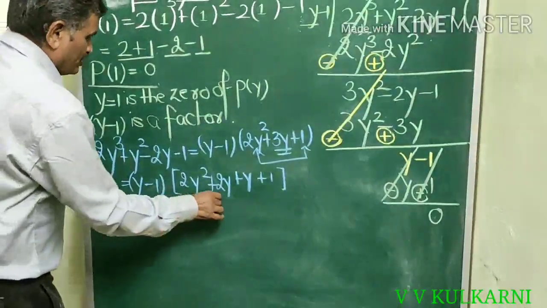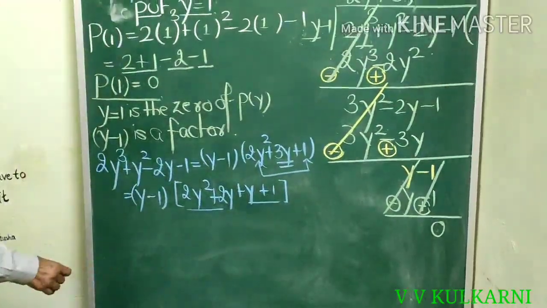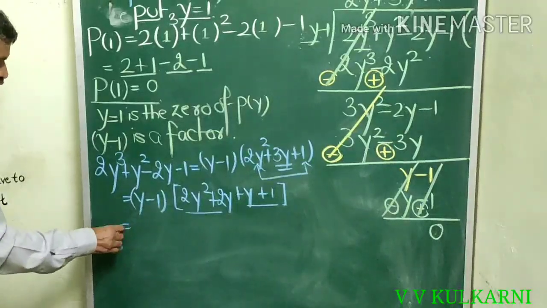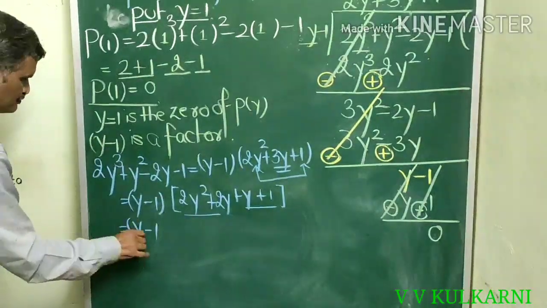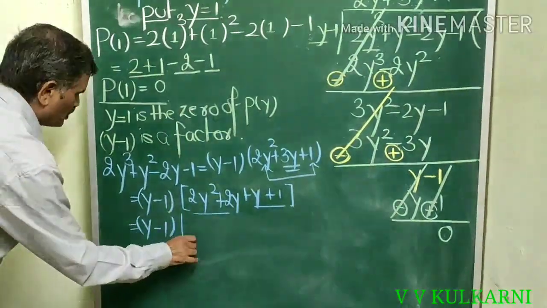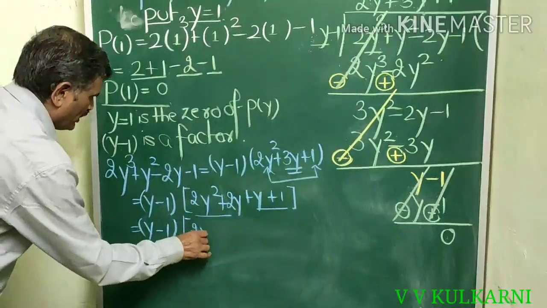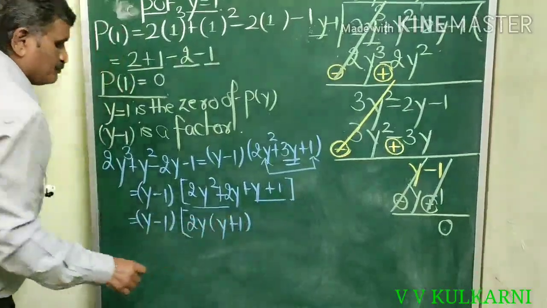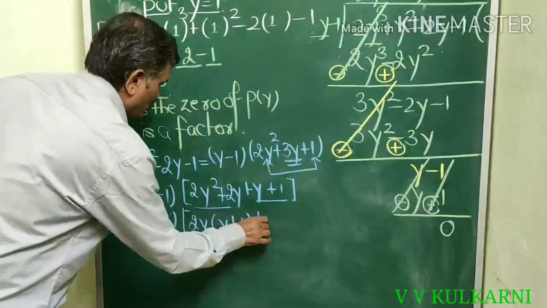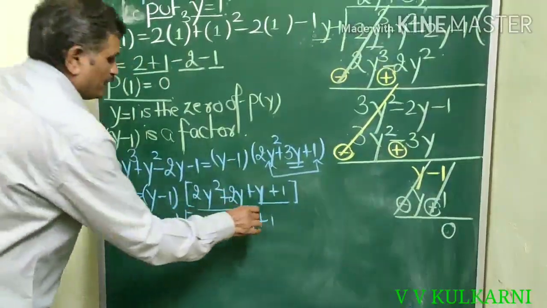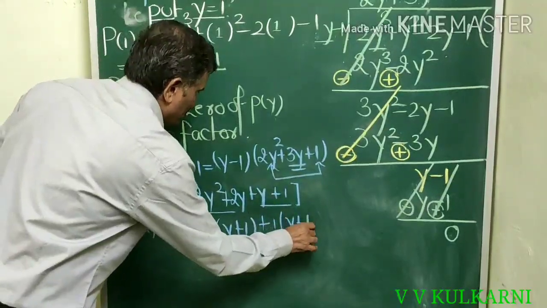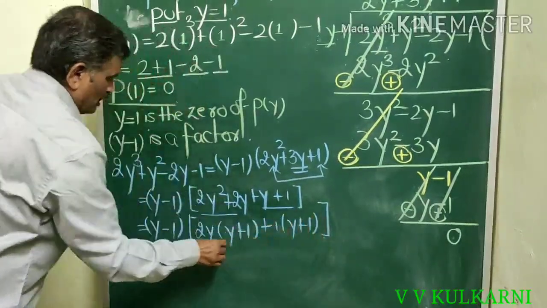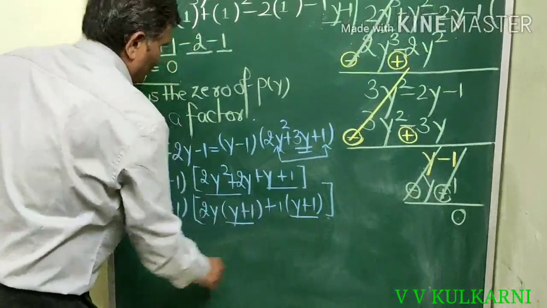Now here again if I take the common factor, then what I'll get here is y minus 1 into, again you see what is common factor here? 2y is common. So in bracket I will get y plus 1. Again I will get here 1 is common. Then y plus 1. So again y plus 1 is common factor.